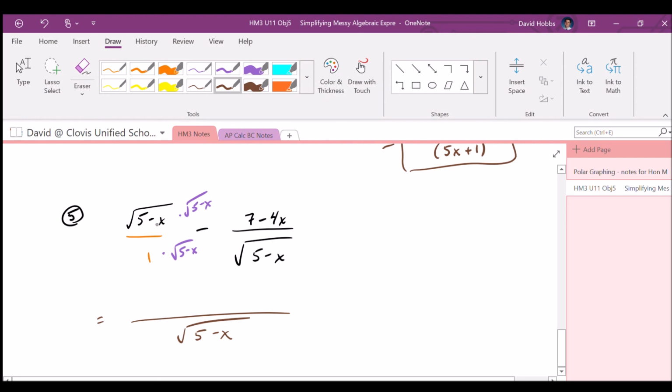But over here on the left, root (5 minus x) times root (5 minus x), I've got a pair, and so the pairs come out, and I'm left with 5 minus x. Okay, and then minus, and I need to distribute that minus over here. Minus (7 plus 4x).